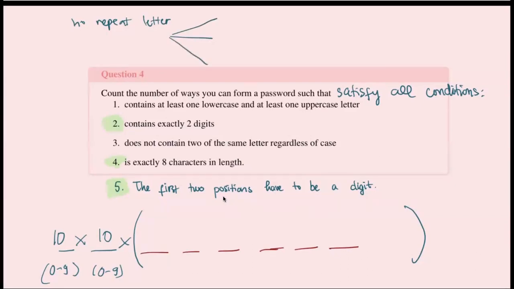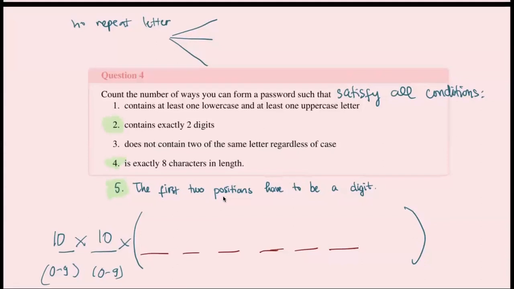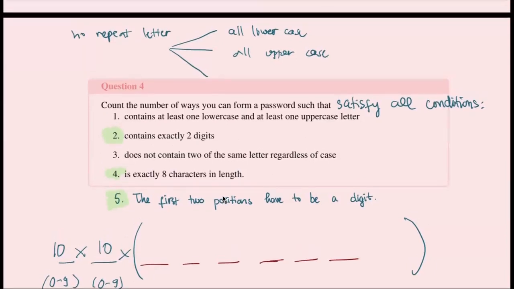It can be partitioned into no repeat letter and all lowercase, or no repeat letter and all uppercase, or no repeat letter and at least one uppercase and at least one lowercase. Does this part make sense?